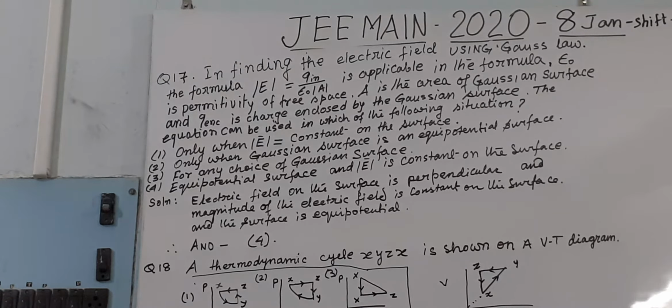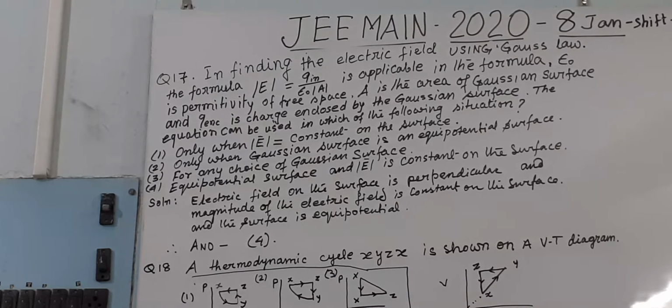In choice 1, only one condition is satisfied, and in number 2 also only one condition is satisfied, that is equipotential surface. But in number 3, no such conditions are satisfied. In number 4, two conditions are satisfied, equipotential surface and E is constant on the surface. So number 4 can be the best answer for this.